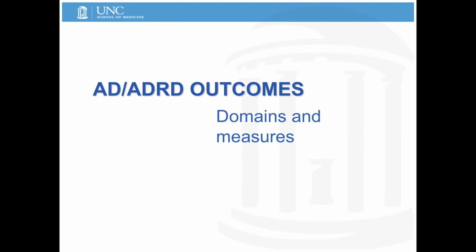So I'm going to focus the rest of this presentation on thinking about outcomes in the design of clinical trials, testing biobehavioral interventions to help people living with AD, ADRD, as well as their caregivers. And as I talk about different domains and measures, I want you to be thinking, if I wanted to improve that outcome, what would it take? What would the intervention need to look like? And how would it have impact on that particular outcome?